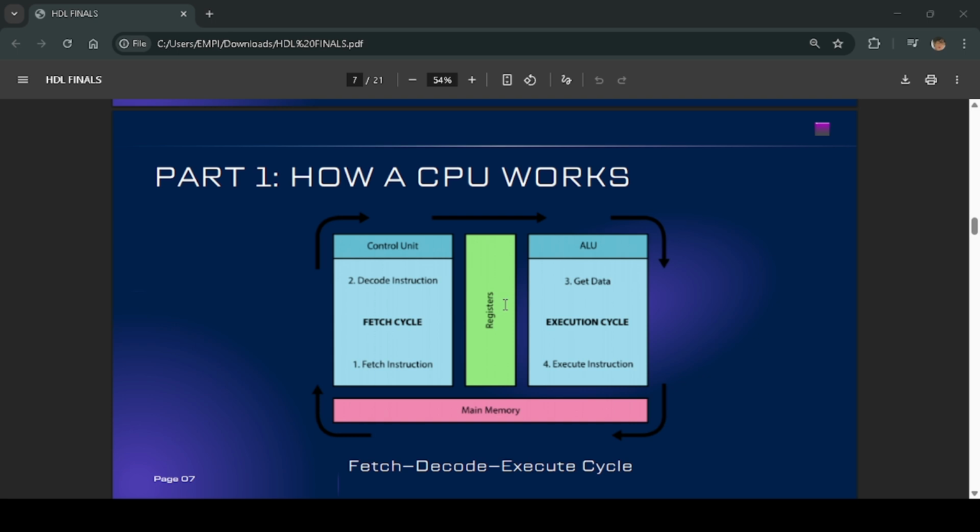Next, it decodes this binary word, breaking it into an opcode, or what to do, and operands, which is what to do it to. Finally, it executes the command by configuring internal circuitry like the arithmetic logic unit, or ALU, to perform the operation. This loop is synchronized by the CPU's clock.